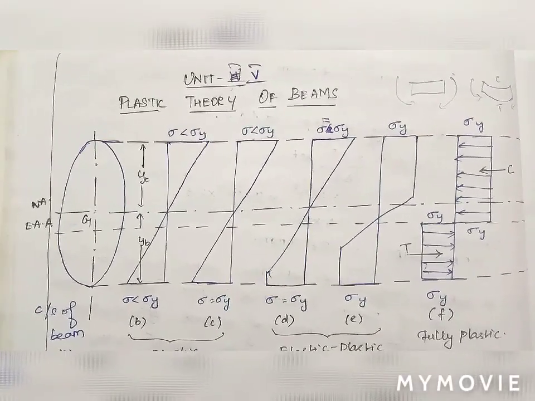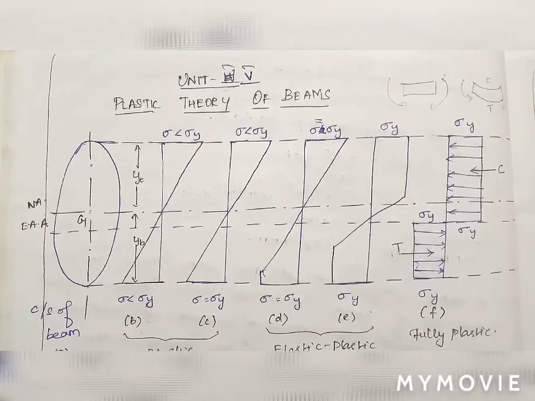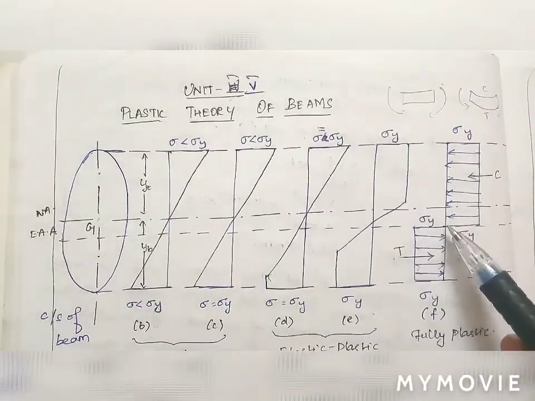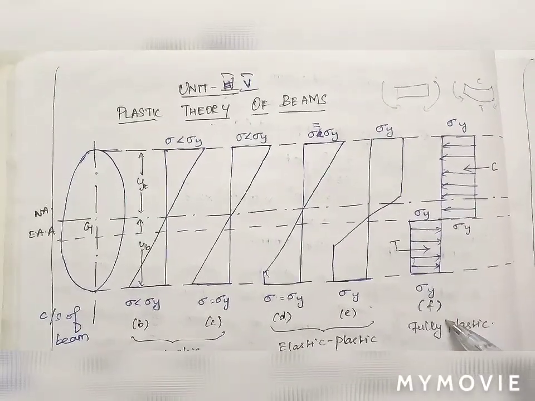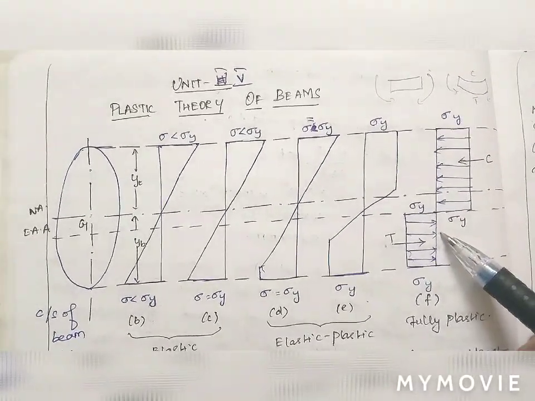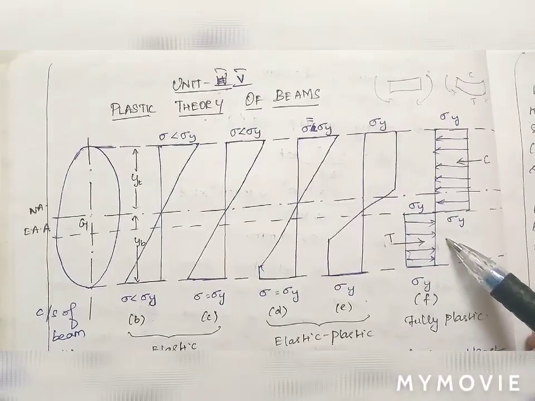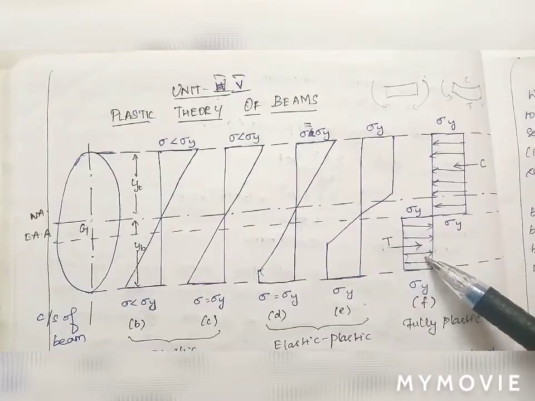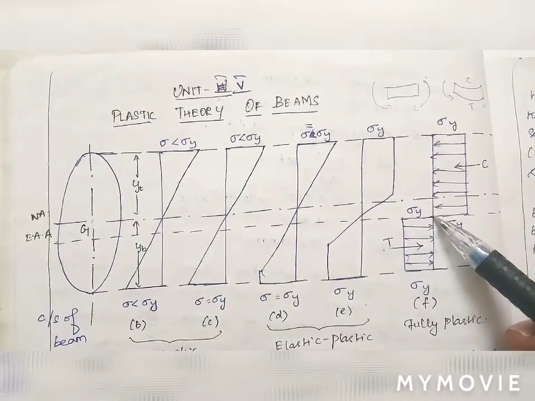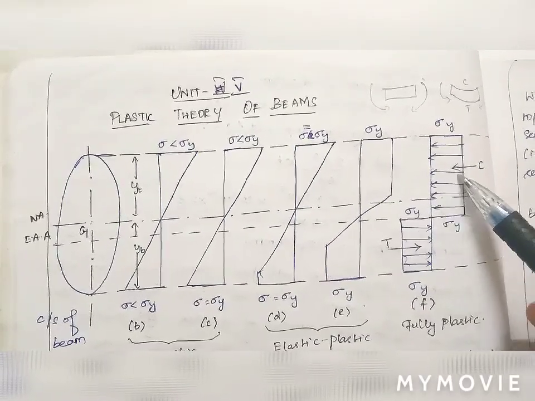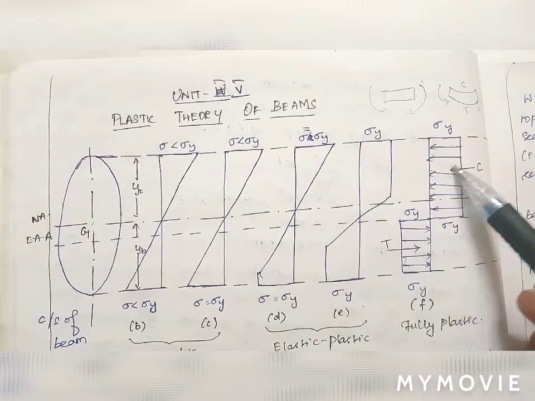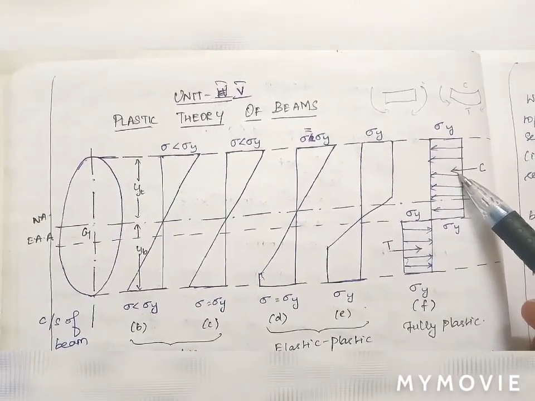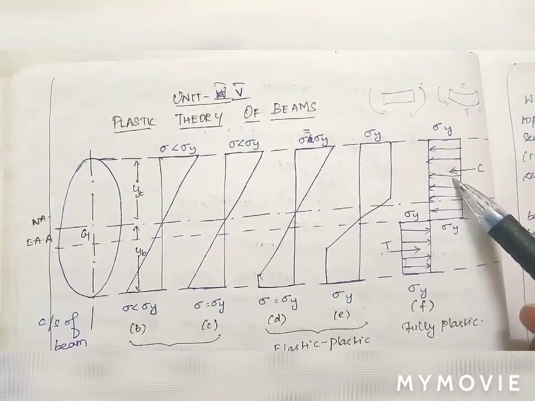So what is a plastic hinge? The first thing is, a plastic hinge is formed in a fully plastified section. Here in this figure you can see a fully plastified section. Above this point all the fibers are subjected to compression, so all the fibers will contract.